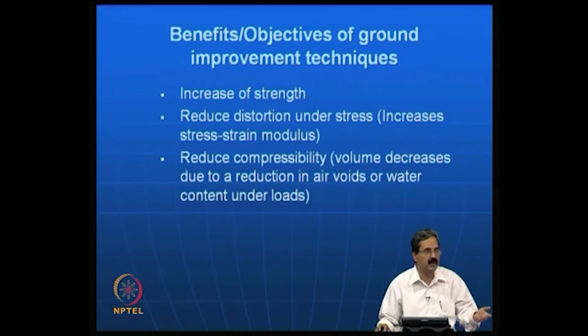One can also do a plate load test on soil that is not improved, and another plate load test on soil that is improved. Or one can do a CPT, cone penetration test, in which you penetrate the cone into the ground and get the signature of the ground, like the variation of undrained shear strength with depth, and then compare both. This gives you a very good idea of the order of improvement.